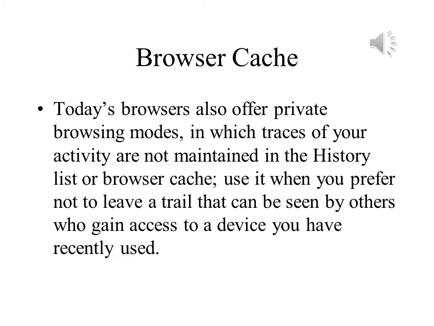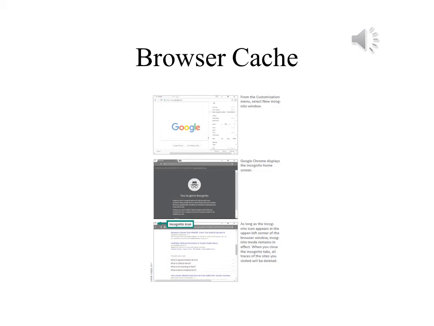But please keep in mind your browser history may still be kept by your internet service provider. This is just another reason why honesty is the best policy. The illustration on the slide shows how to switch to private browsing. This example uses Google Chrome, so it will look a bit different if you are using Firefox or some other browser.